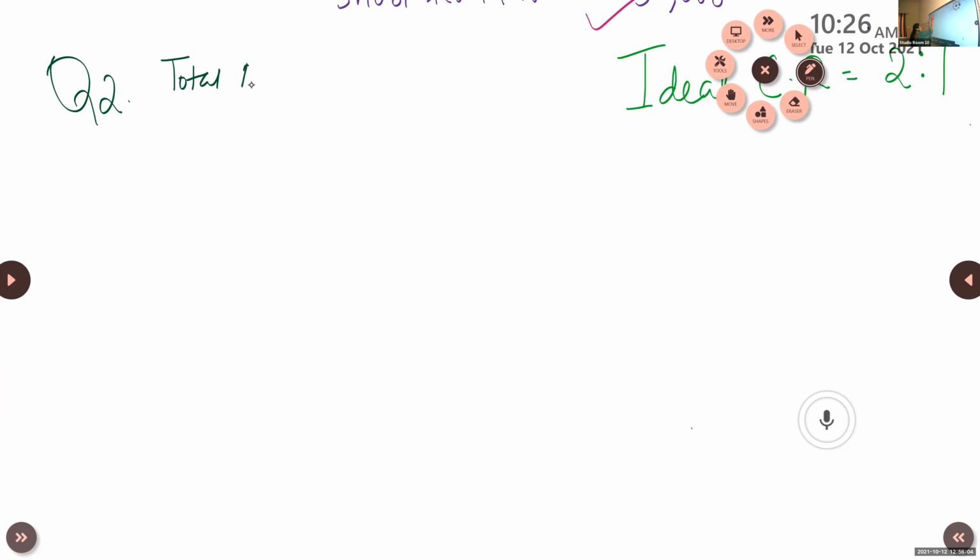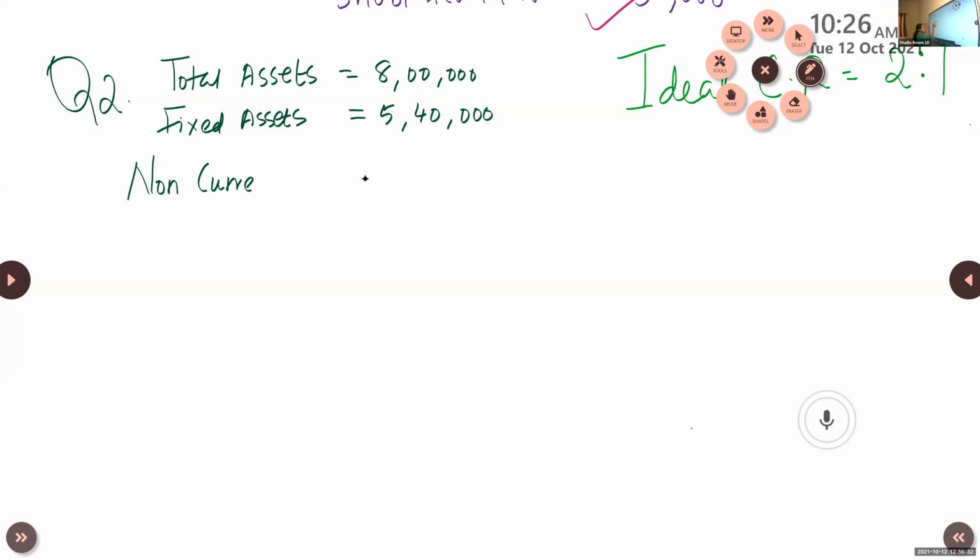Fixed assets is equal to 5,40,000. Non-current investments 1,10,000.